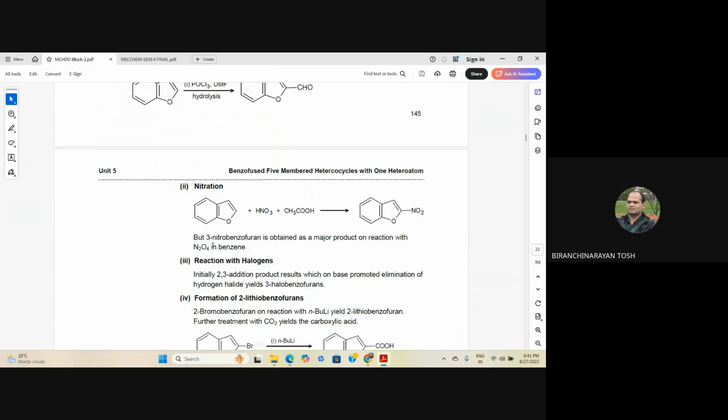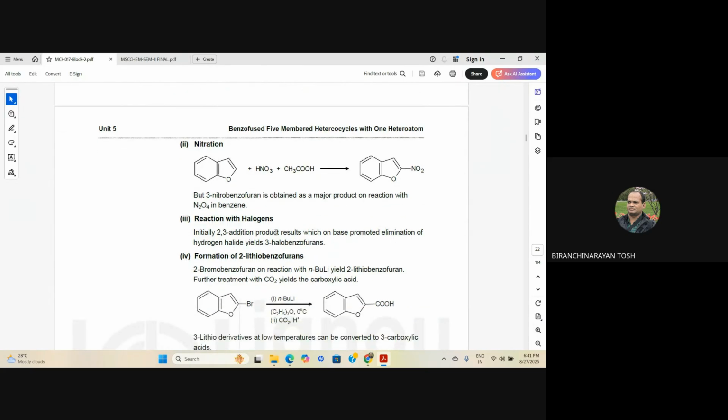Here you have to give nitric acid and acetic acid, not sulfuric acid. When you use nitric acid and acetic acid, we get 2-nitrobenzofuran. But substitution at the 3 position occurs when you take dinitrogen tetroxide in benzene.